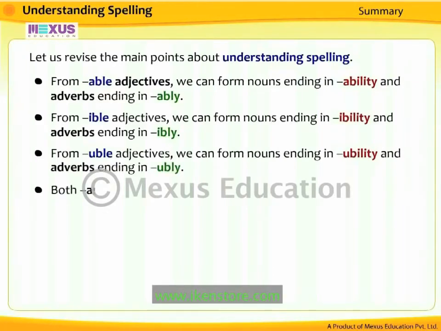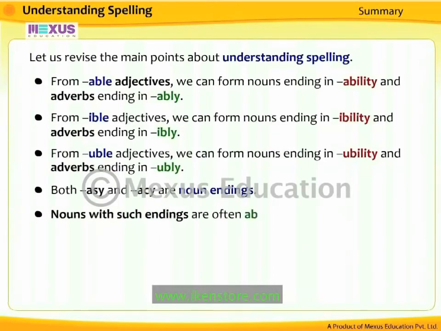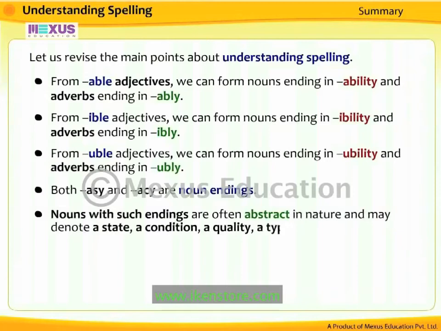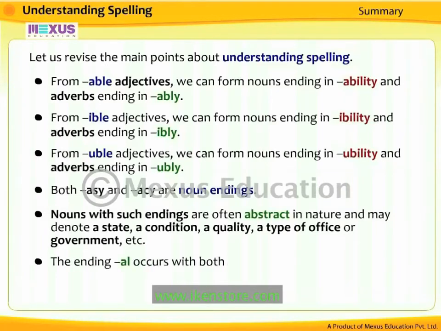Both ASY and ACY are noun endings. Nouns with such endings are often abstract in nature and may denote a state, a condition, a quality, a type of office or government, etc. The ending AL occurs with both nouns and adjectives.